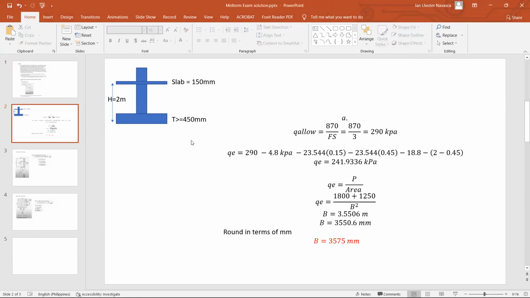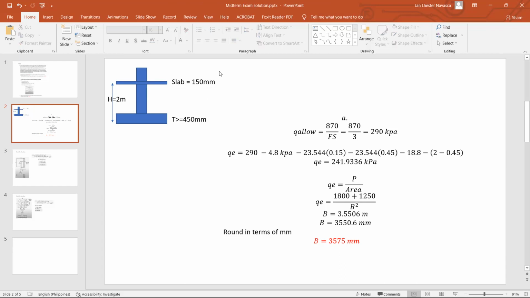Okay, for minimum thickness is yun yung preferred na size ng design. And para may ma-design tayo when we are solving for the width of the square footing. Then at the top, you have a slab of 150 millimeters and a surcharge load of 4.8 kPa.